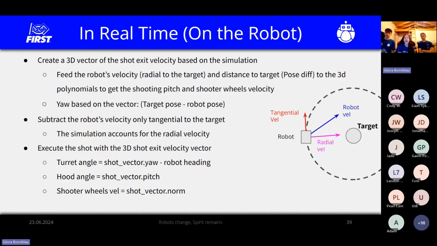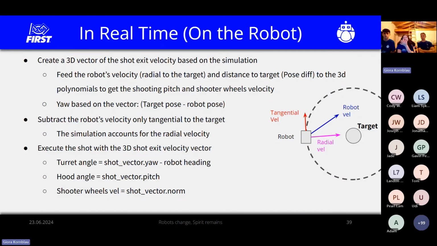So we subtract that vector from our 3D vector, and this is how we are able to shoot on the move. So now we have this 3D vector, and we just feed everything into our subsystems, to our hood angle, to our shooter wheels. That's the norm of that vector, and our target angle is the yaw minus the robot heading, because we want to just rotate our drivetrain.